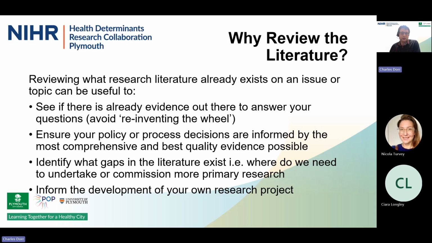So to avoid the danger of reinventing the wheel and going ahead and doing a research project, it's important to see what else has actually been undertaken in that area.